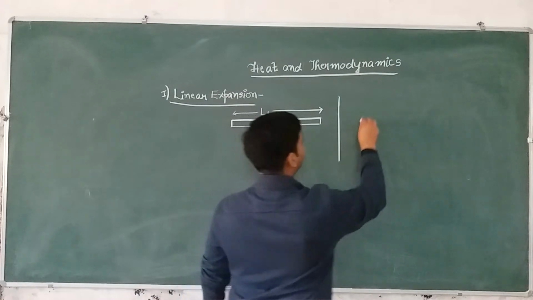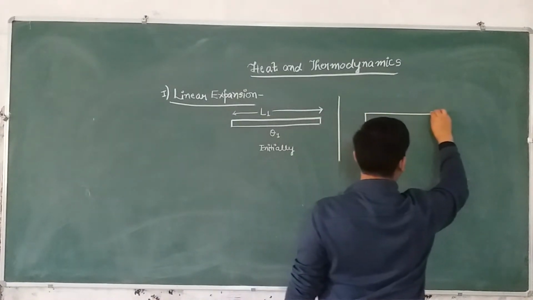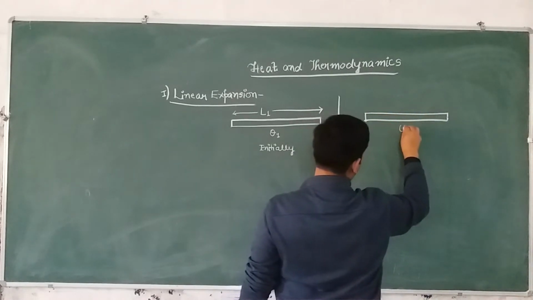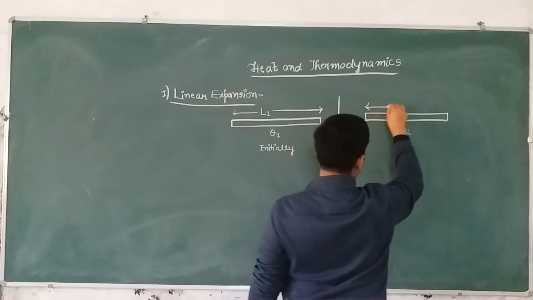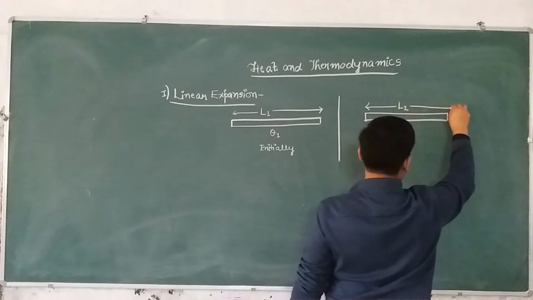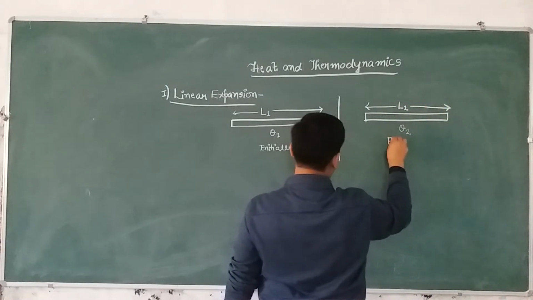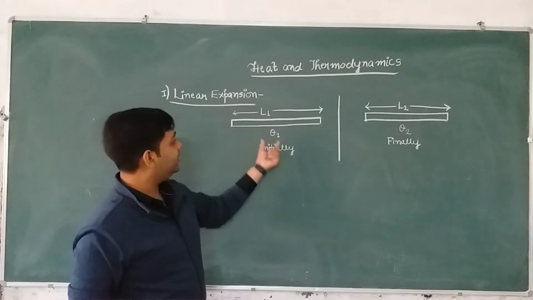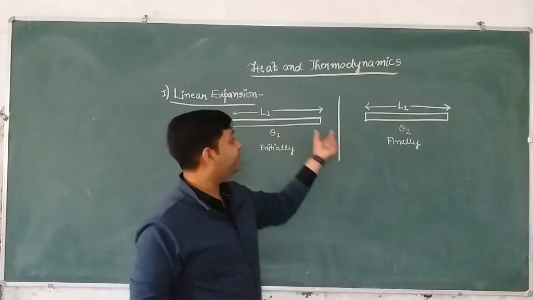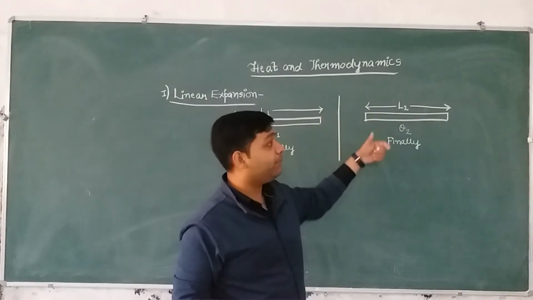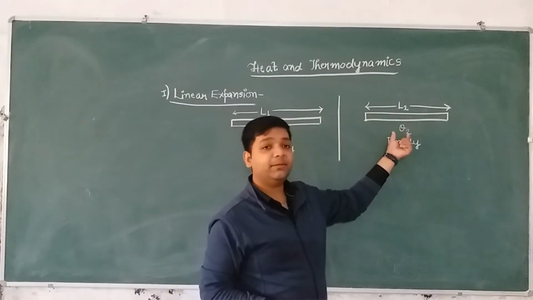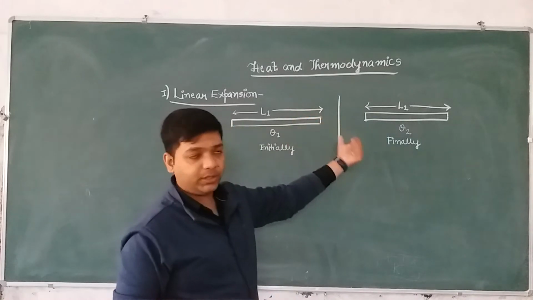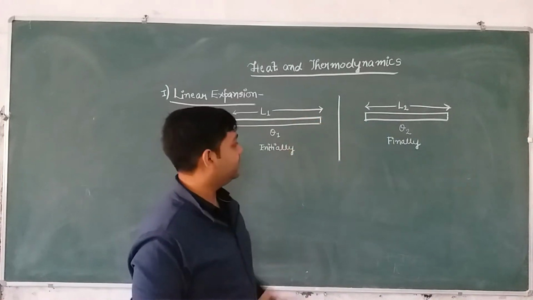Finally, at some temperature theta 2, in this final situation, the length of the rod becomes L2, where L2 will be greater than L1, because theta 2 is greater than theta 1.